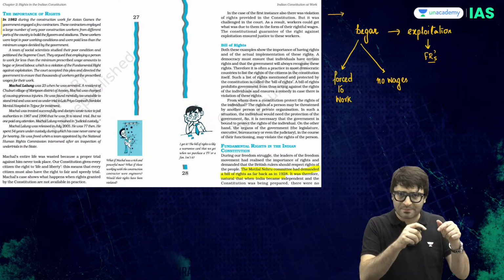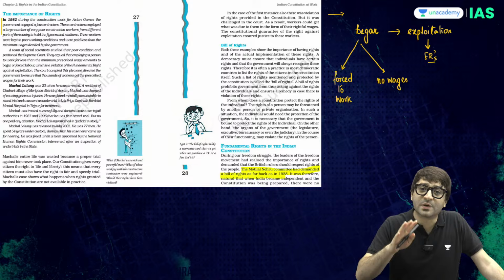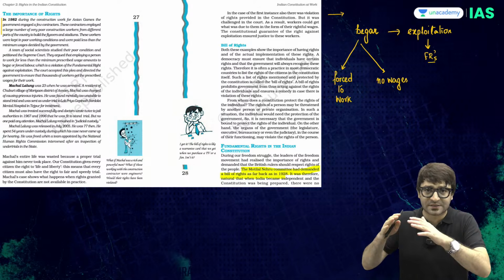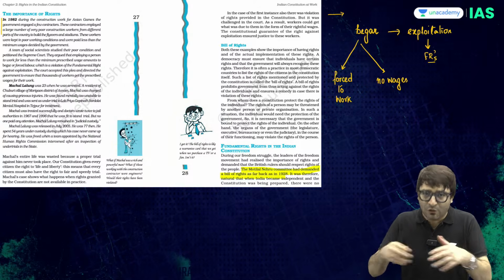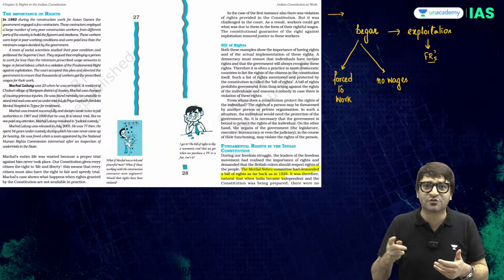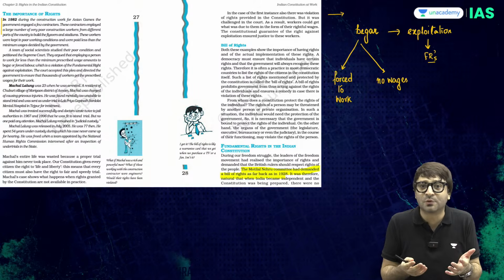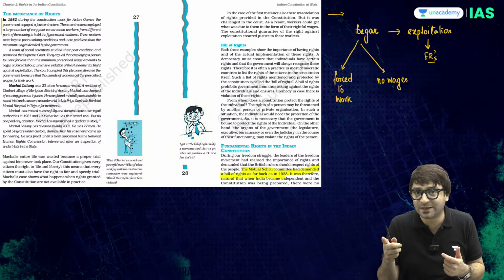But the fact of the matter in this case was, these workers were not forced to work. They volunteered to work. They agreed that we will work, we will construct all these important requirements for the Asian Games, whether it is bridges, stadiums, flyovers. So they volunteered to work. They were not forced. So how is this begar?